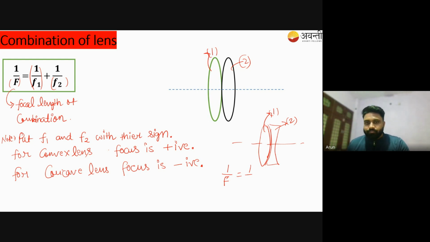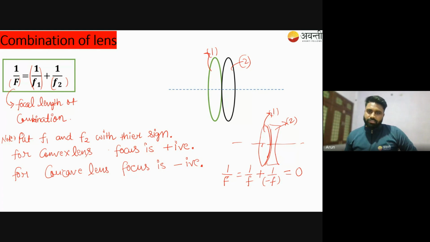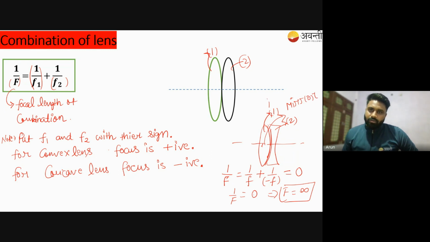Then what is going to happen? 1 upon f, it is positive for this lens, plus 1 upon minus f, because for a concave lens focus is negative. So here if you calculate, this will become 0, means 1 upon F is equal to 0, so the focus will be infinite, means this system behaves as a mirror. Which mirror? Plane mirror, because a plane mirror has an infinite focal length.